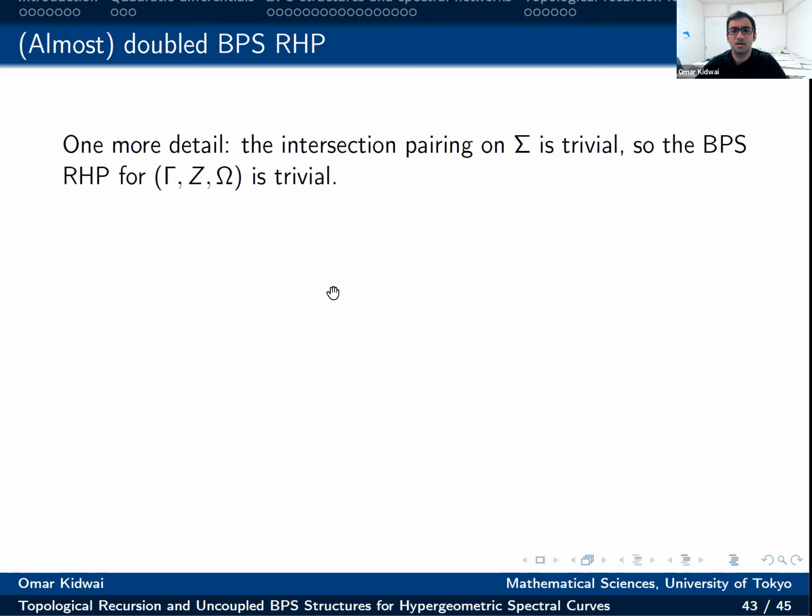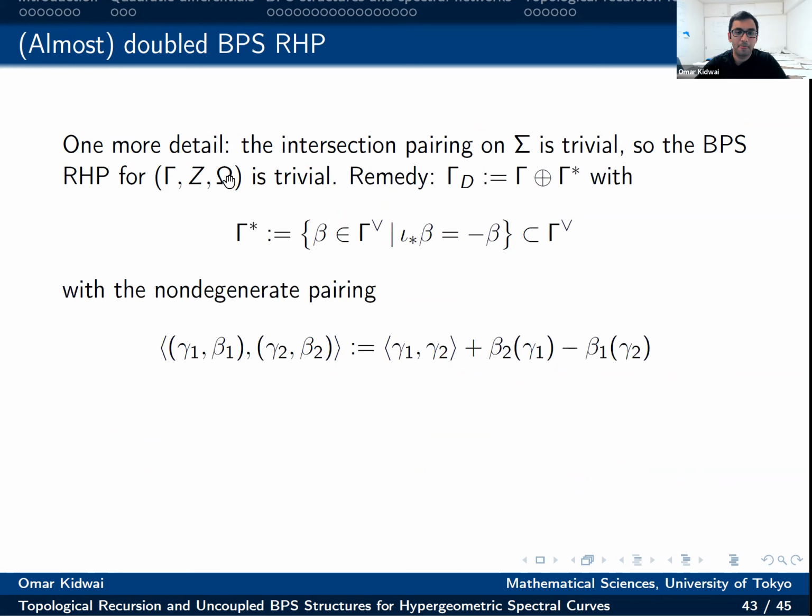Okay, there's one little detail, which is that the pairing on the spectral curve, which is given by the intersection pairing, is actually trivial. And so the Riemann-Hilbert problem I gave you is actually trivial. But I can fix it very easily by so-called doubling the lattice, which means that I'm going to take the dual lattice projected to the anti-invariant part, together with the new pairing, which is defined as follows.